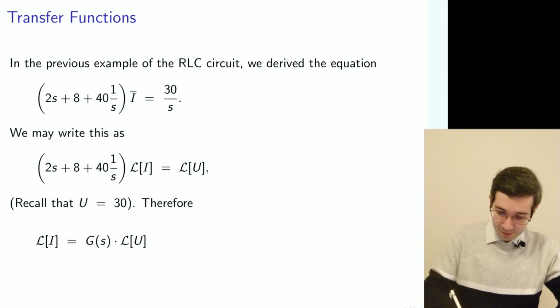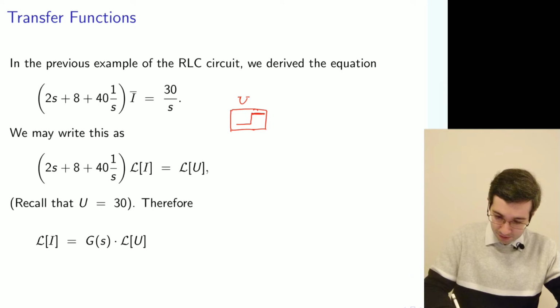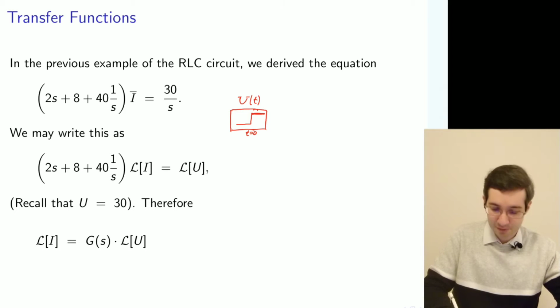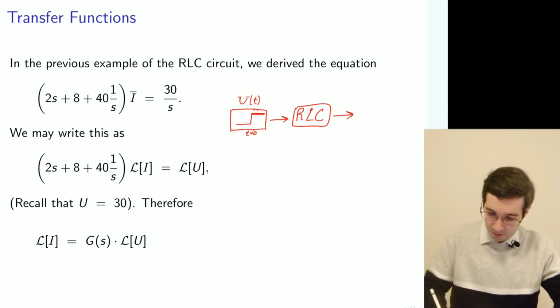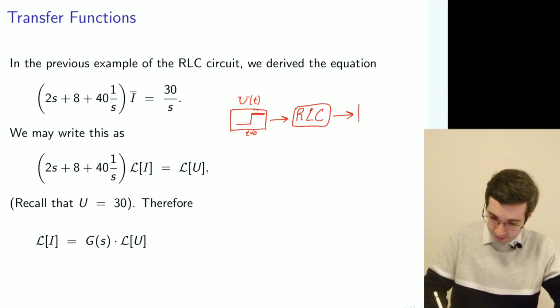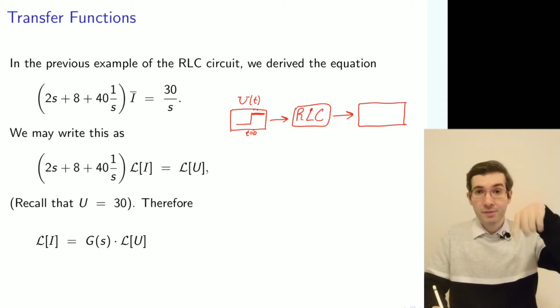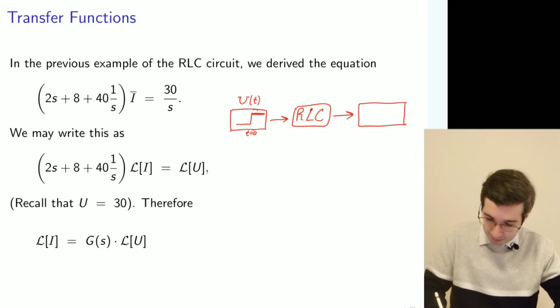And indeed, you have seen in a previous example that if you apply a voltage which just turns on at time 0 and stays at a constant level, so this is your voltage U as a function of time, you switch it on at time 0 and then it stays constant, then your circuit will produce an output, the electric current, which responds with some excitation which then decays. So you get a response which dies out.